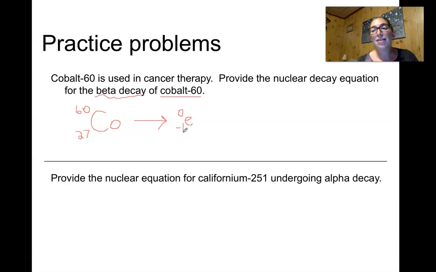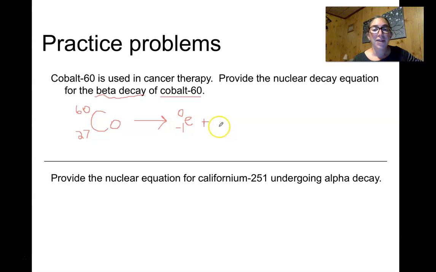It doesn't matter that in the previous problems it had the daughter nucleus and then the radioactive particle. It doesn't matter what order you write things in the chemical equation; the products can be written in any order. There's no correct order.